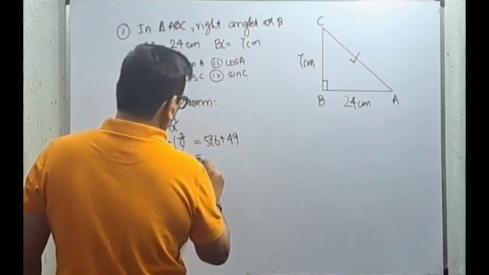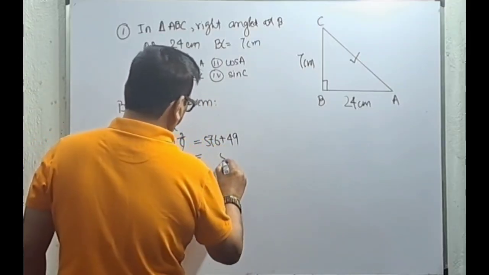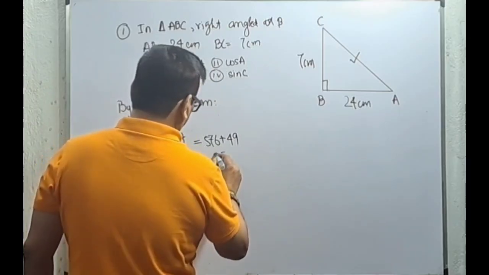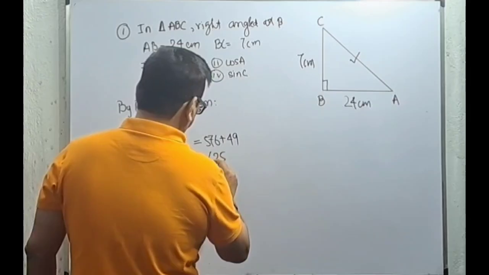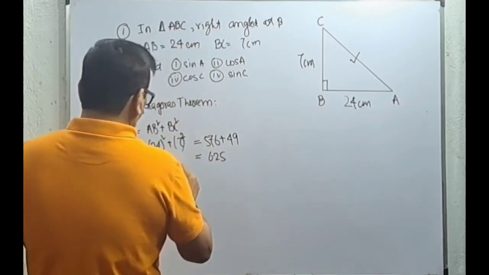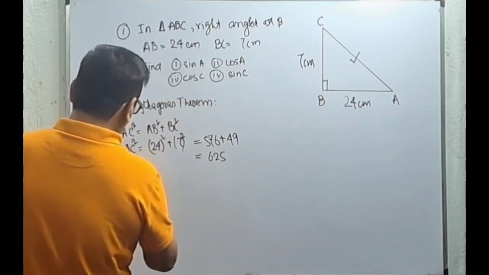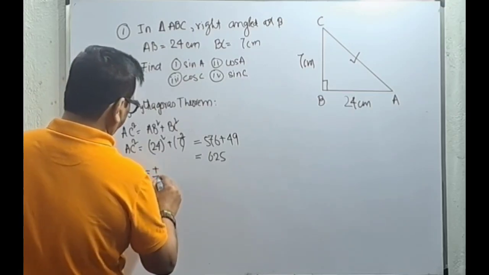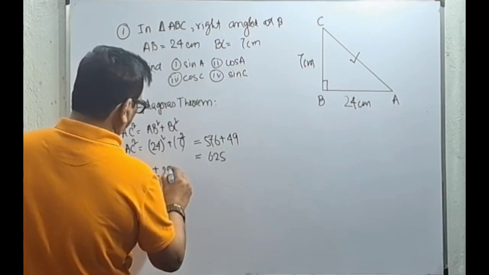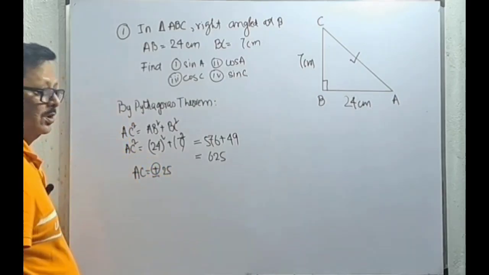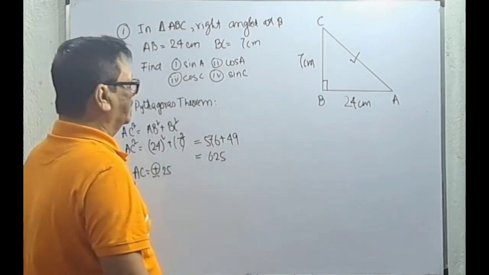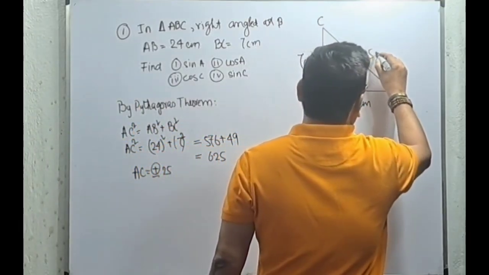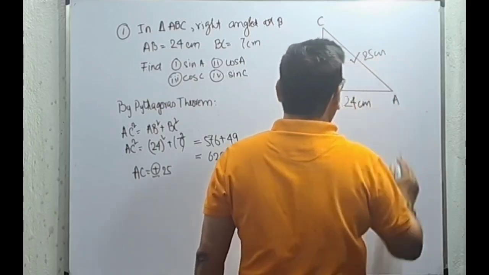So that is equal to 625. So we can write AC to be equal to plus minus 25. Now we take the positive value for obvious reasons. So we have got 25 centimeter as AC. Correct?